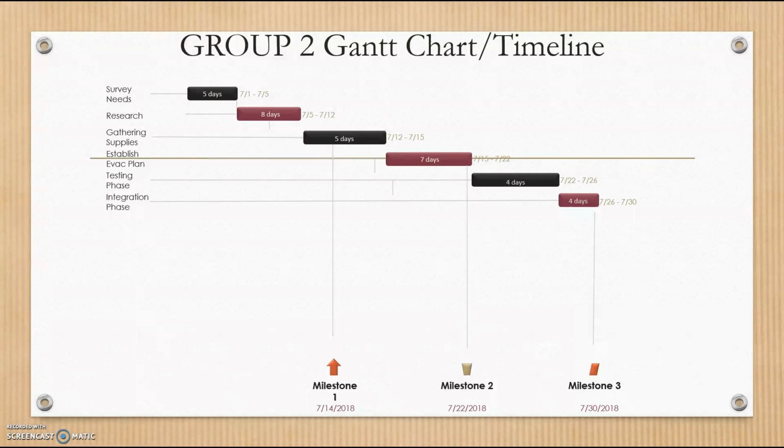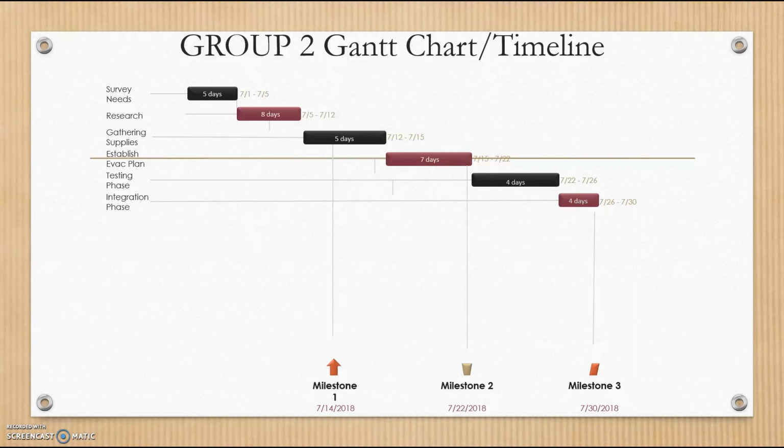We want to know which type of disasters are common in our area, and we want to read about why they happen. And then after that phase, this is when we really start to research really good and hard information about how we can best prepare for those particular needs that we researched earlier.